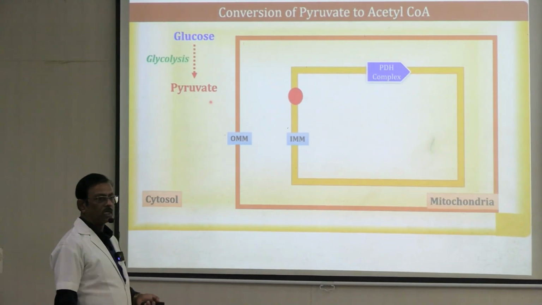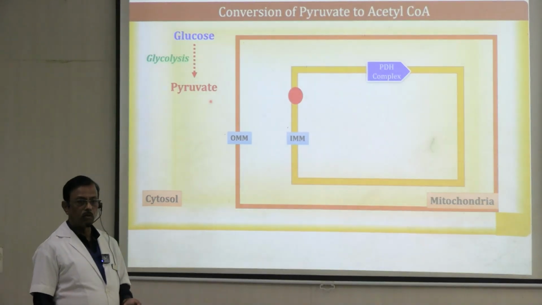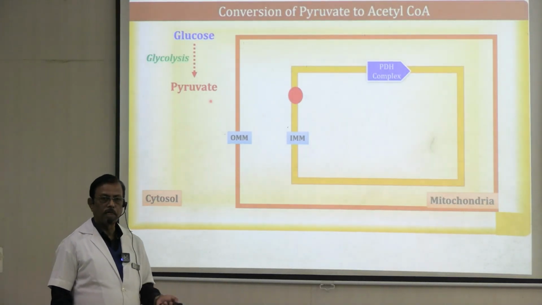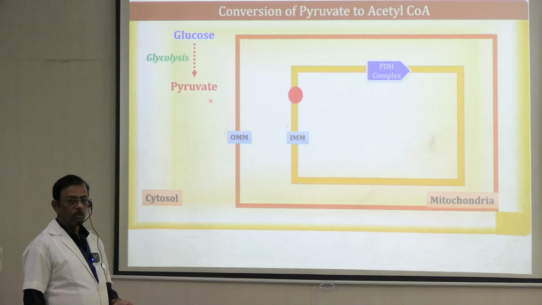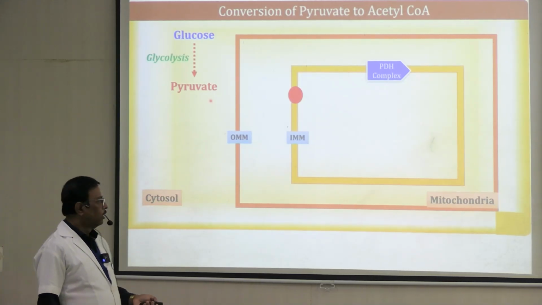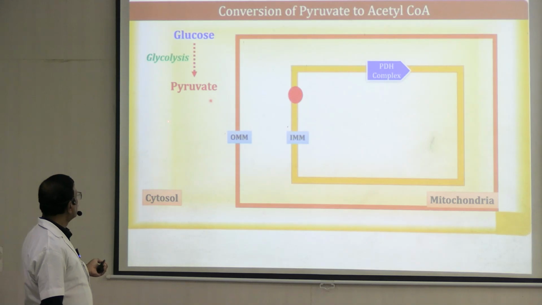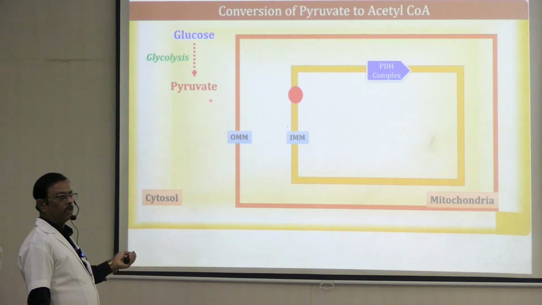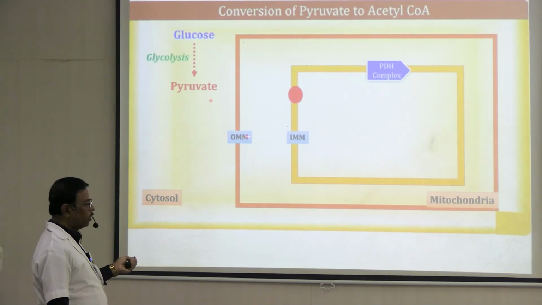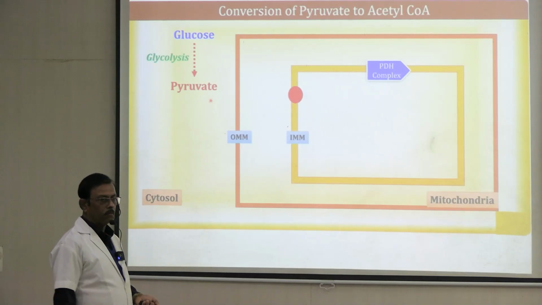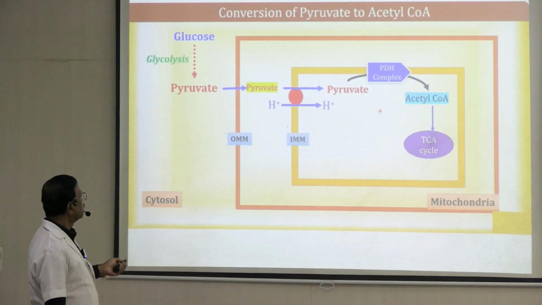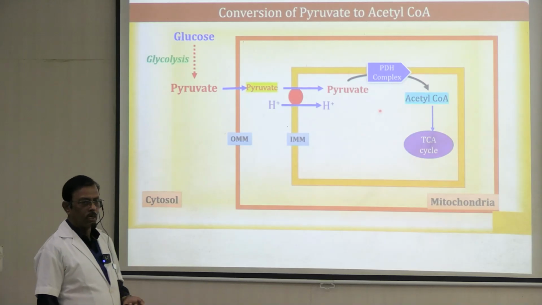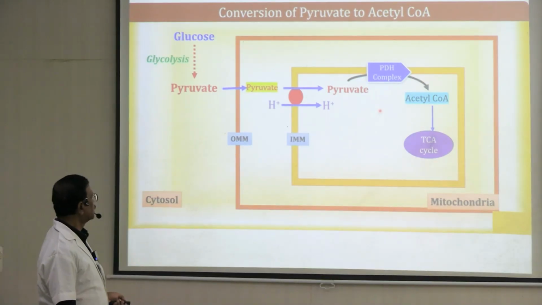Pyruvate is produced in the cytosol because glycolysis occurs in the cytosol. So that needs to be carried inside the mitochondria for further metabolism. Pyruvate can easily cross the outer mitochondrial membrane, but it cannot cross the inner mitochondrial membrane. There it takes the help of the hydrogen pyruvate transporter.